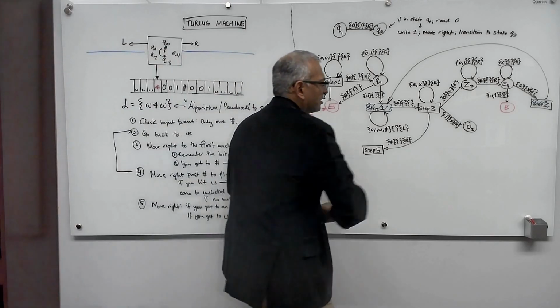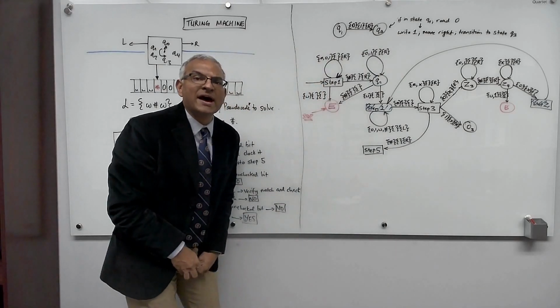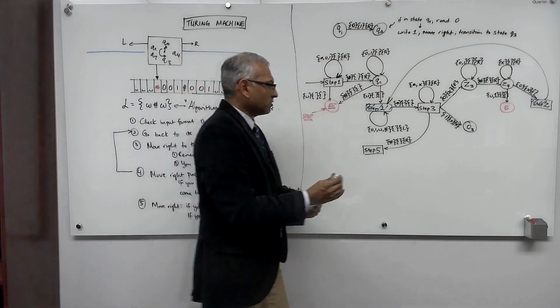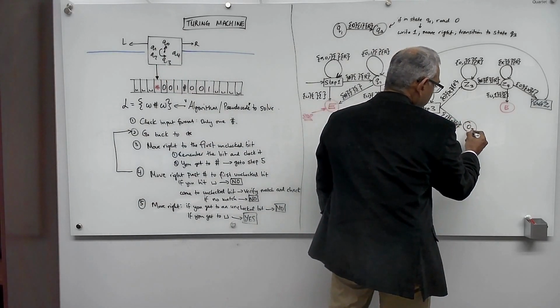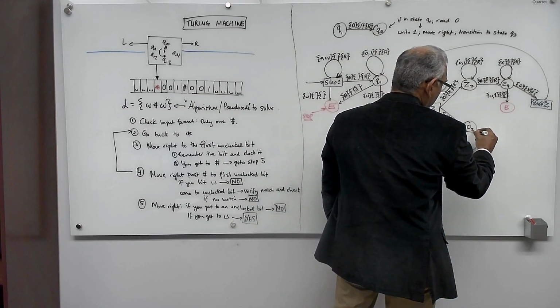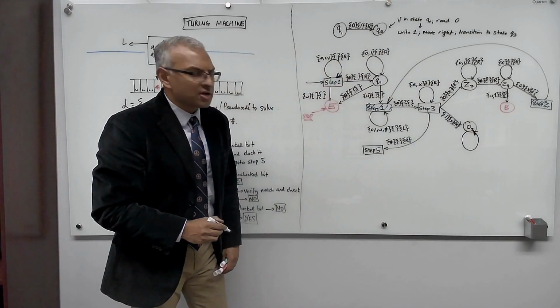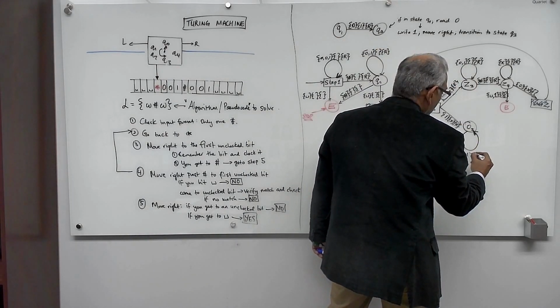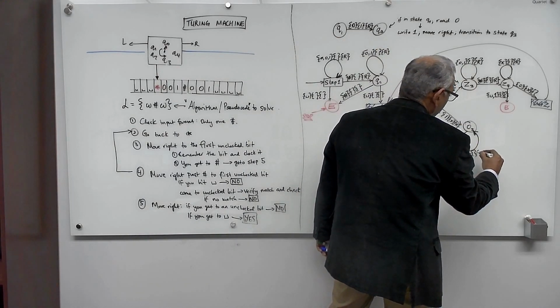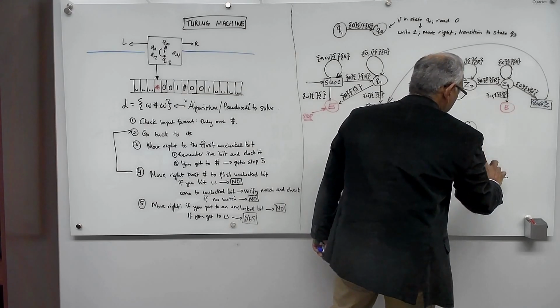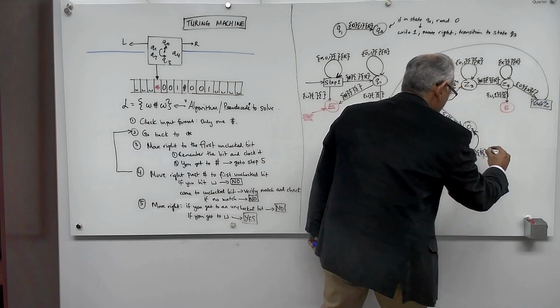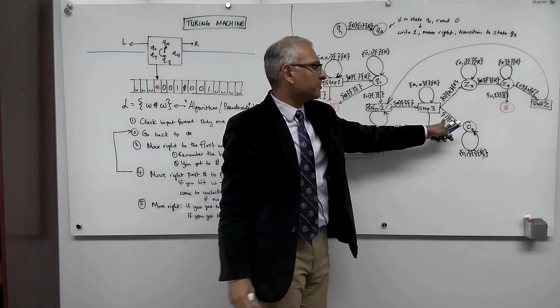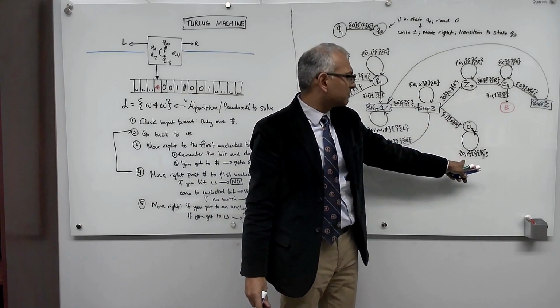Similar situation from the 1 state. So I'm looking for a 1 after the pound. I first need to find my pound. As long as I see 0, 1, unmarked bits, I move right.